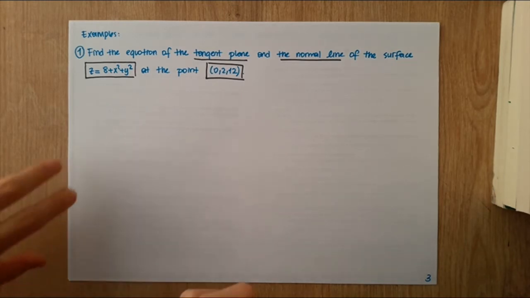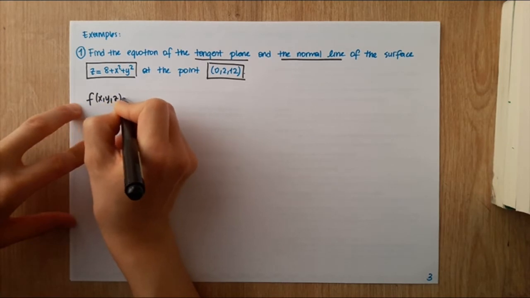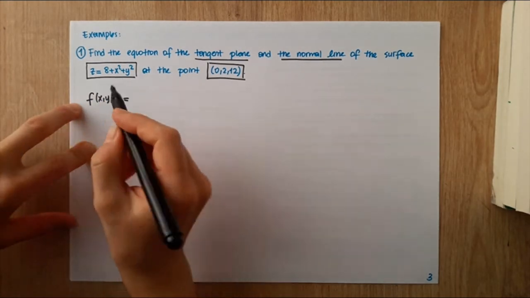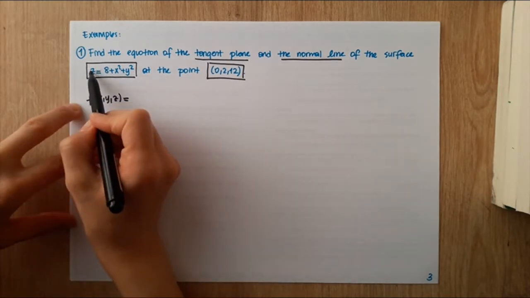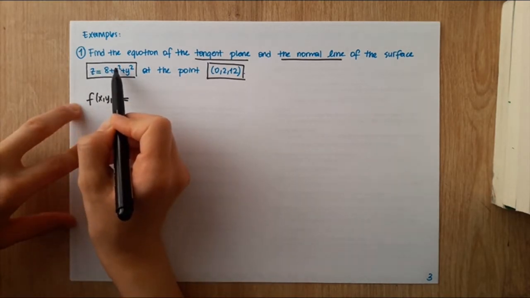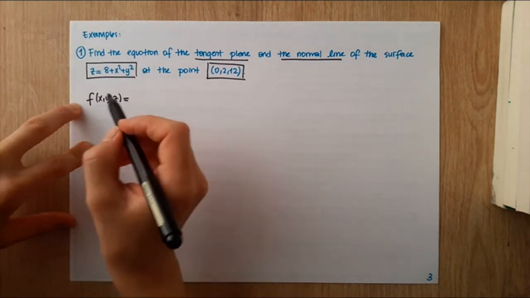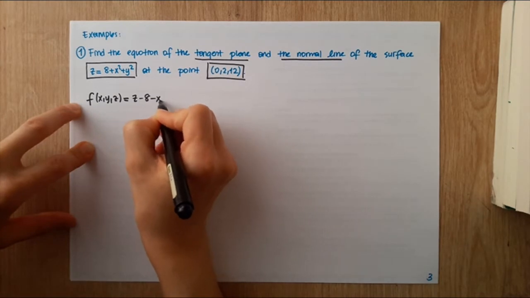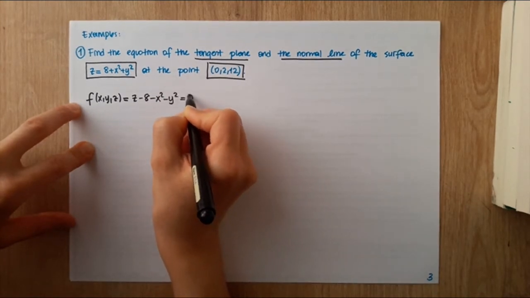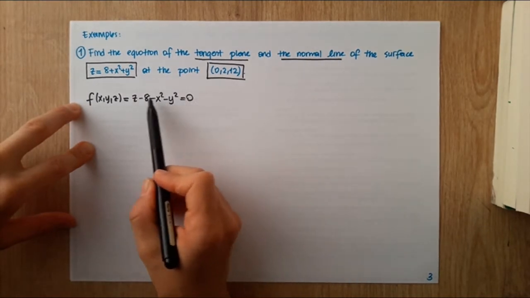So to do this, first of all, we should define f(x, y, z). To obtain this, we need to have a constant here. So I will take that z to here, and all those terms to this side. Then I will obtain an equation which equals 0. So I have z minus 8 minus x squared minus y squared equals 0. Also, you can leave this 8 here.